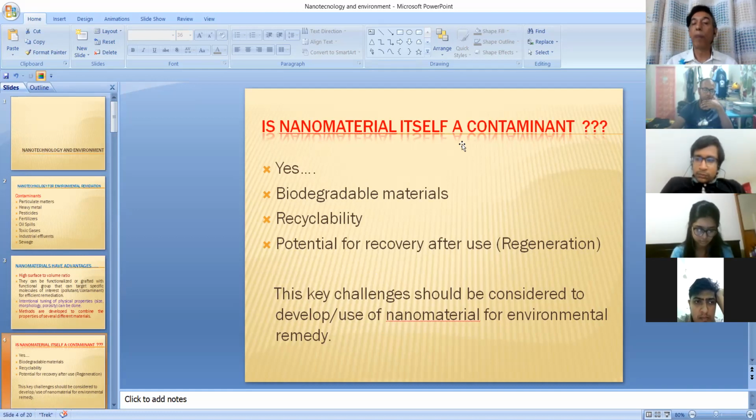So it may be a contaminant by itself. So you have to use nanomaterial very cautiously.